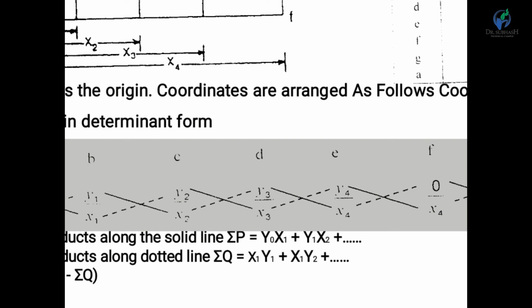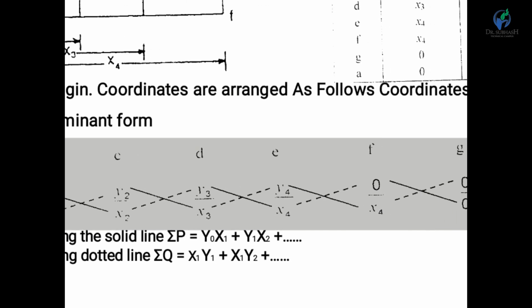The formula for finding the area using the coordinate method is 1/2 multiplied by the summation of sigma p minus the summation of sigma q.